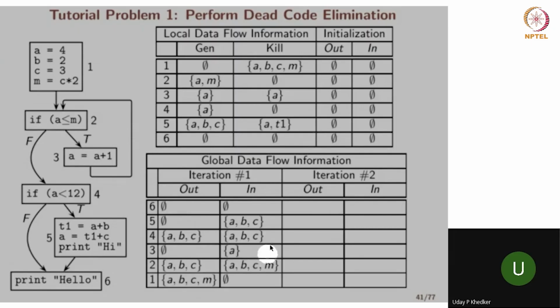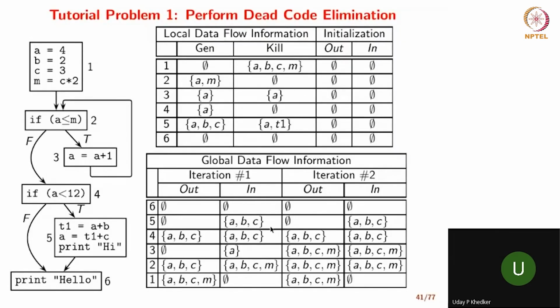So we go over it once again and find out the value. Whatever is at the in of 2 will be propagated to the out of 3 in the next iteration.